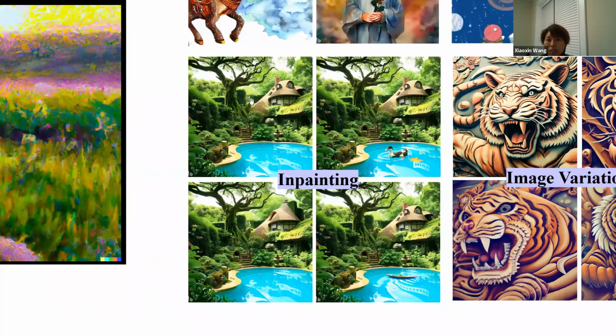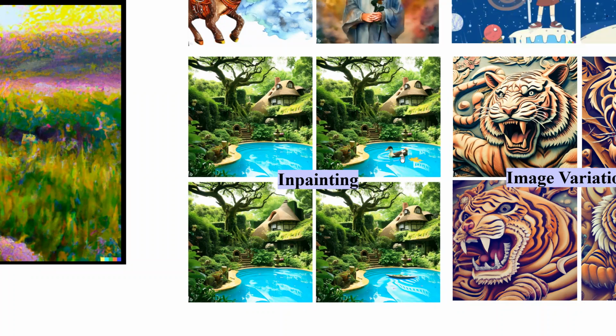I uploaded this picture to DALL-E 2 and selected this square, and I told DALL-E 2 I wanted to add a duck in the swimming pool, so DALL-E 2 added the duck in the swimming pool.